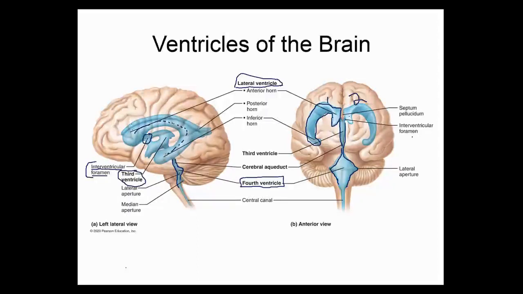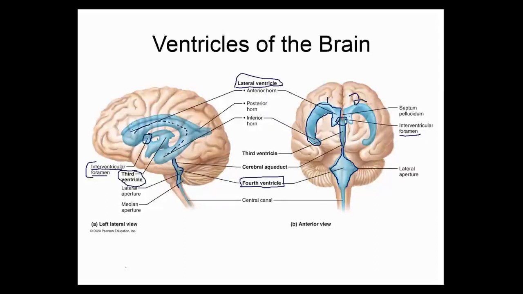We can even see it here on the frontal view. So it's going to connect not only the lateral ventricle to the third ventricle, but also the two sides. So our left and right lateral ventricles will connect through the interventricular foramen.